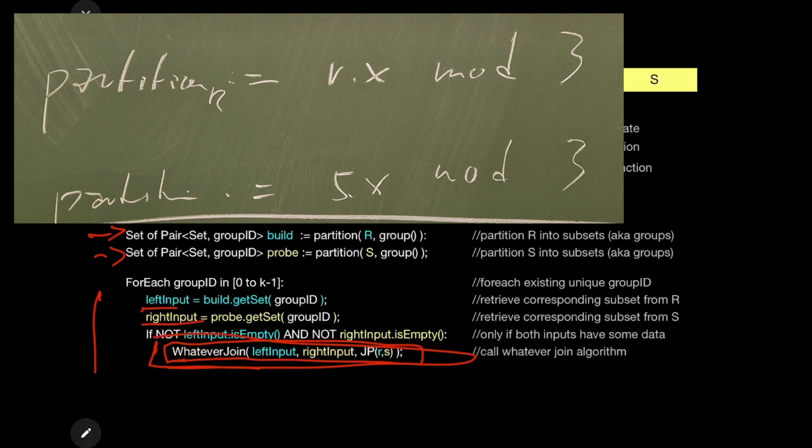Right? Why does that work? So whatever, for R.X, you do the same for S, of course. For S, same attribute, then you do S.X modulo 3. It's a partition on R.X, it's a partition on S.X. Why does that work?